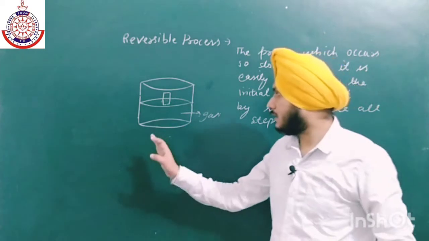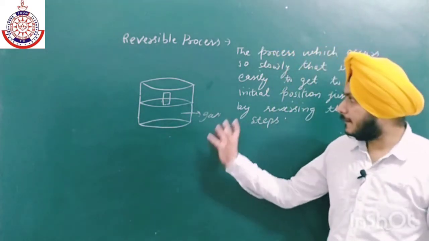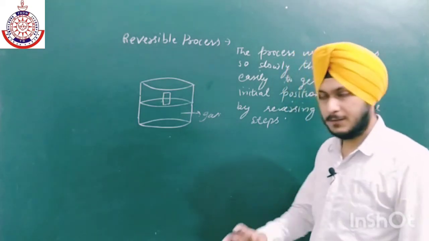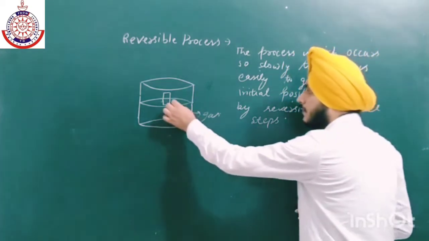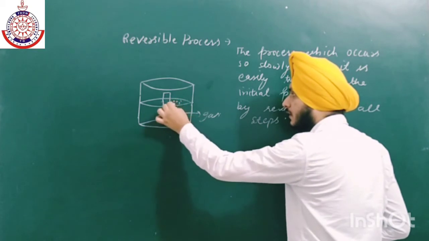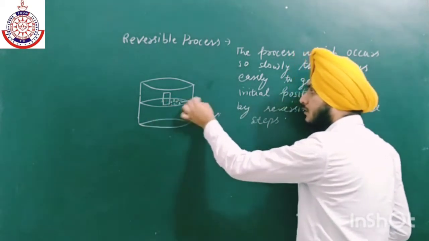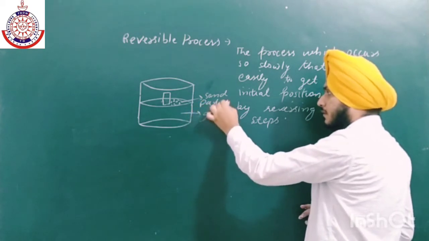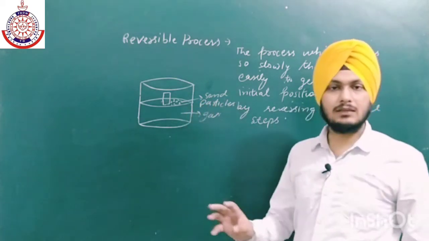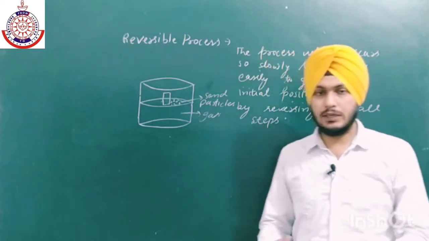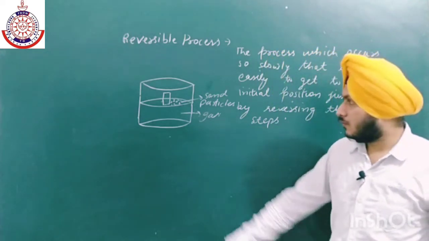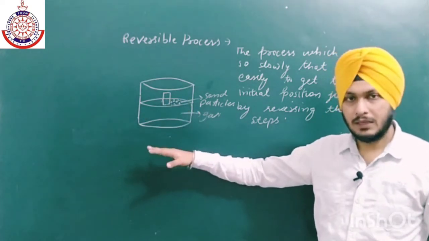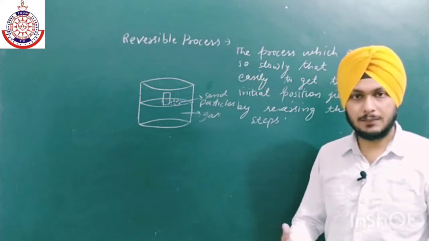Now if I put some sand particles one by one, like 1, 2, 3, 4, 5, 6, and so on, it will take a lot of time for this piston to get to the bottom. It is quite a hectic process.